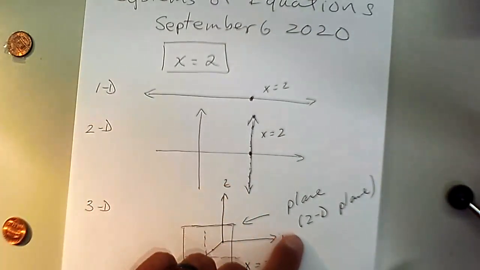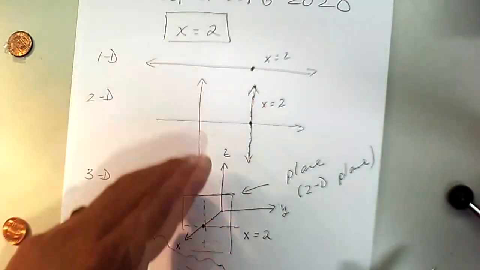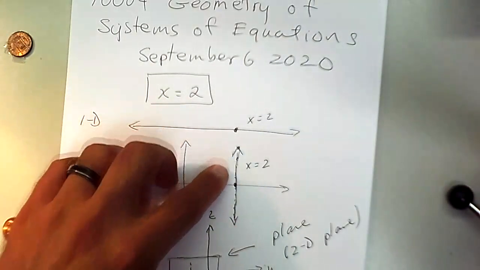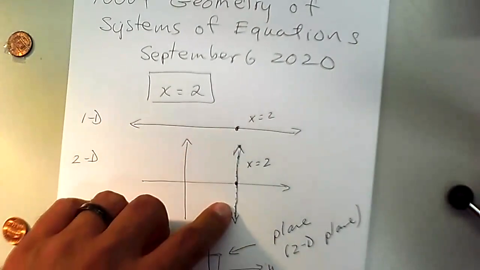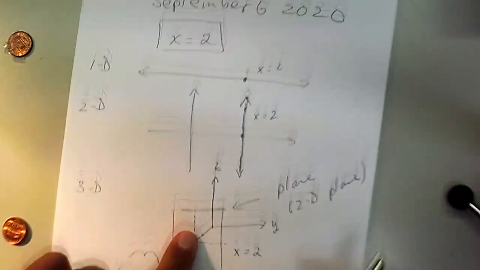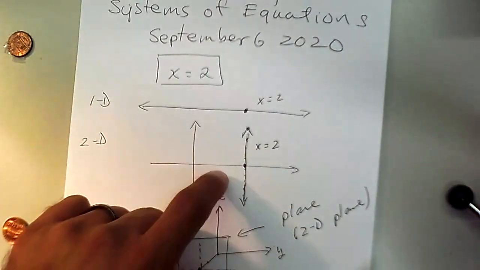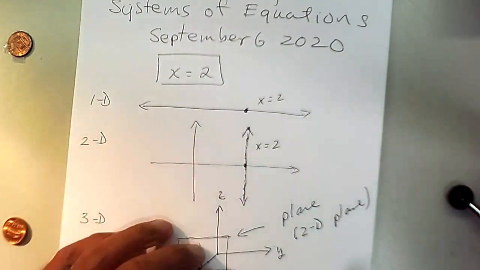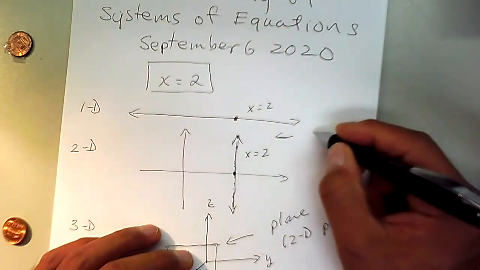However, because the equation is the same and trying to keep things the same way, we're sometimes going to label this as a 1-dimensional plane. It kind of doesn't make sense because that is not a plane. This is a plane. But because we have the same kind of idea, we're going to call this a 1-dimensional plane. So we're going to use the word plane for all of them.